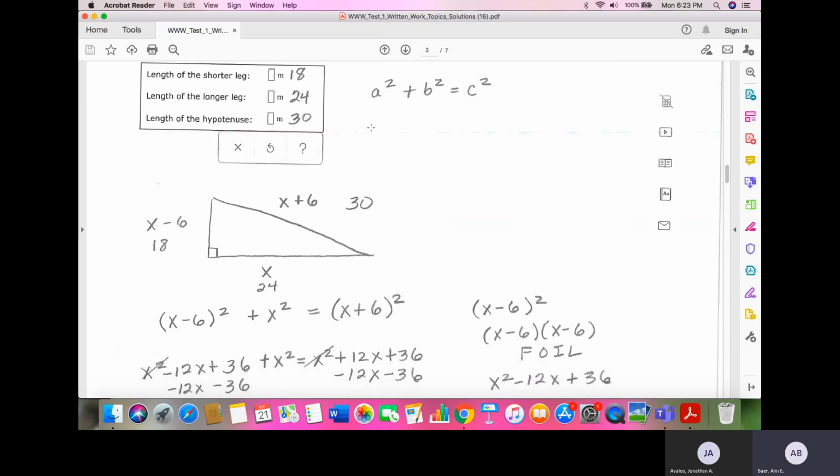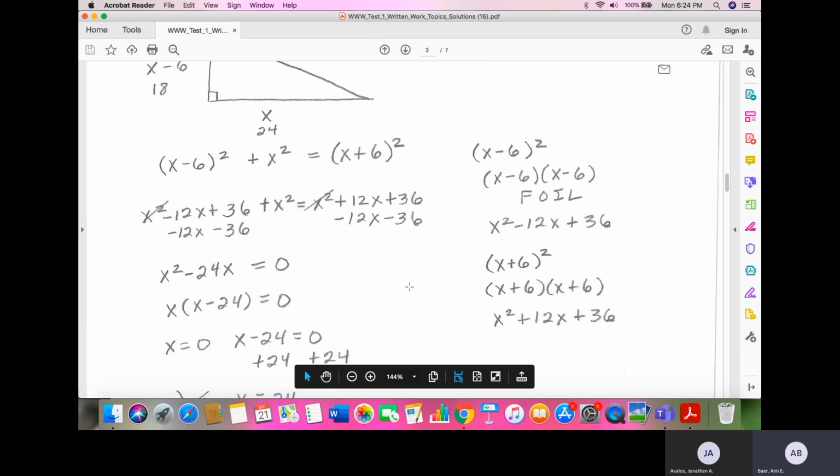Let's take one leg and square it. So let's take this leg, X minus 6, and square it. We need parentheses around all of that because all of it's getting squared. Plus, let's take the other leg, which is X, and square it, equals the hypotenuse, which is X plus 6 in parentheses squared.